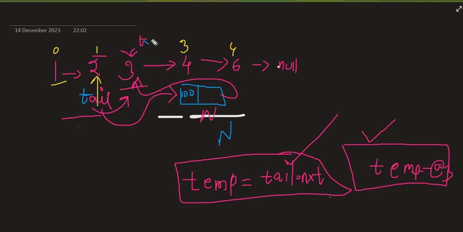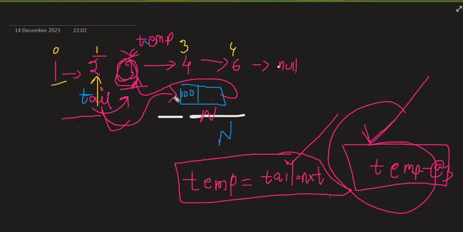The address is not missing for me, because we stored it in the temp variable. So no problem for us. The problem is over. Storing this address is the most important thing. First tail to n, next n to temp. Over. See, the linked list becomes 1, 2, 100, 3, 4, 6.